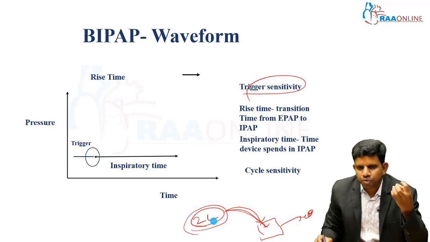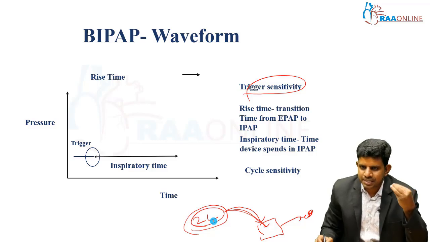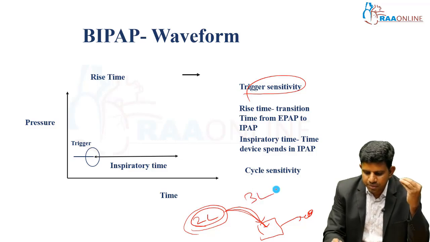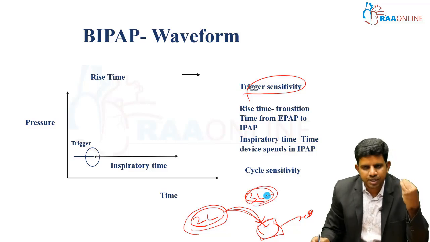If the flow deficit is 2 liters or more, the ventilator will sense that and give a breath. For example, if I set 3 liters as the trigger sensitivity, and my patient makes an inspiratory effort but the flow deficit is only 2 liters, the ventilator won't give the breath. If the patient's effort decreases the flow in the circuit by 3 liters, the ventilator will give the breath. It's called trigger sensitivity.